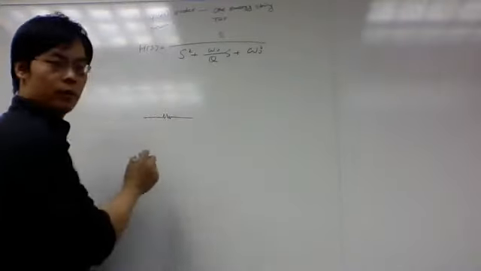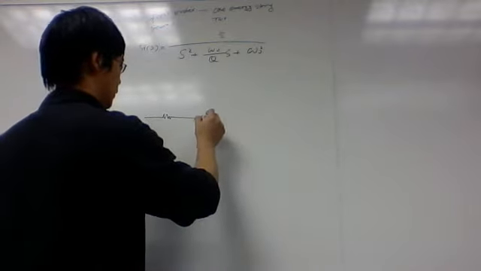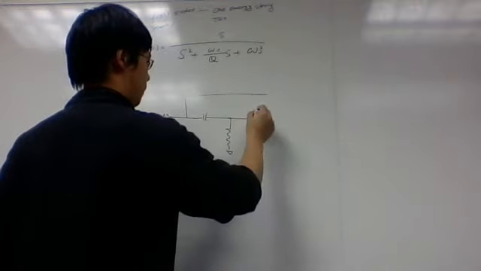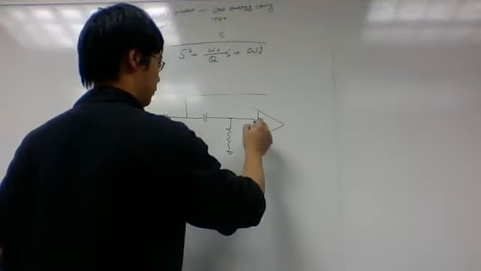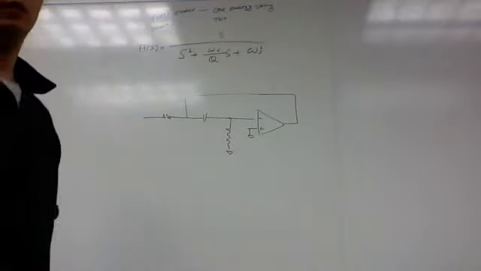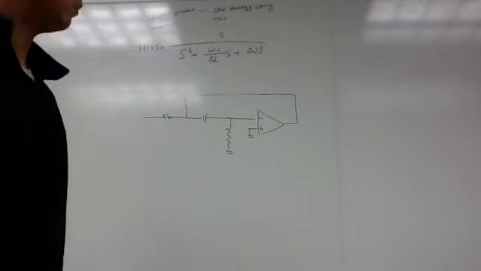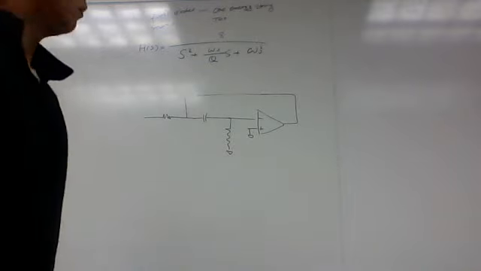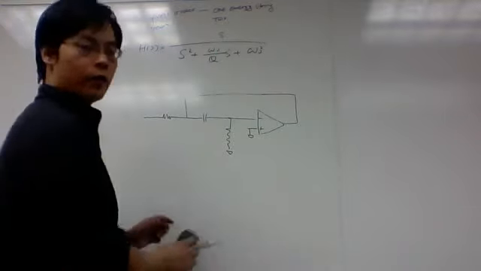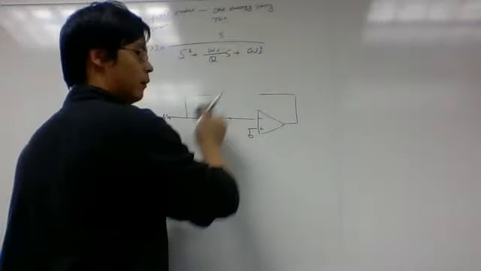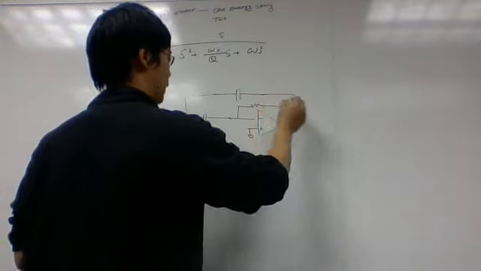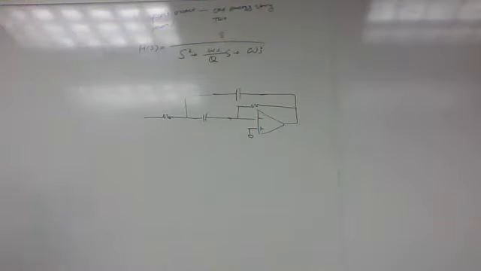You have an R, and you have a C, you have R. Right now you are going to use negative feedback, something like this. So this one is C, and this is R. Okay.